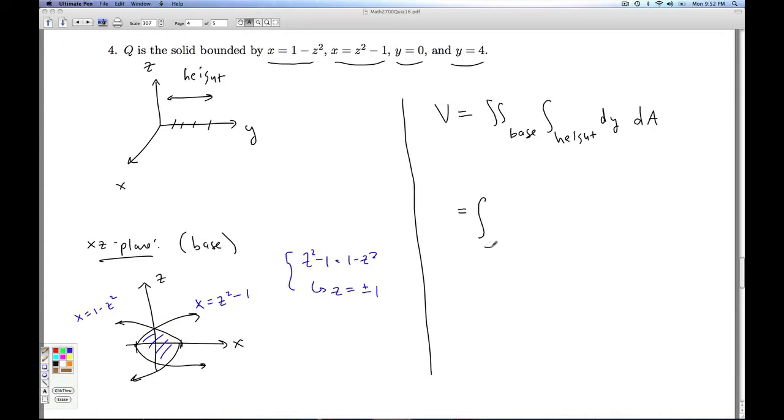So we're going to chop the z up from -1 to 1. For a fixed z, the x runs between z squared minus 1 and 1 minus z squared. And now the height in y goes from a constant 0 to a constant 4, dy, dx, dz. So that'll do it then for number 4.